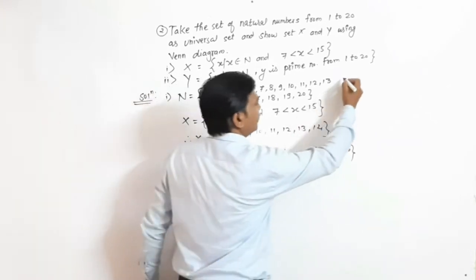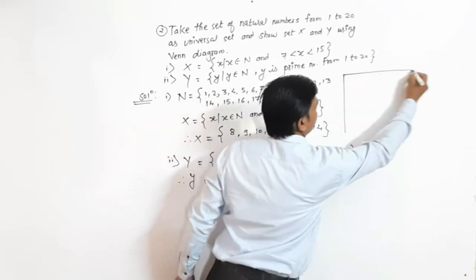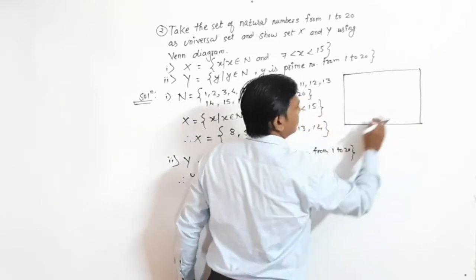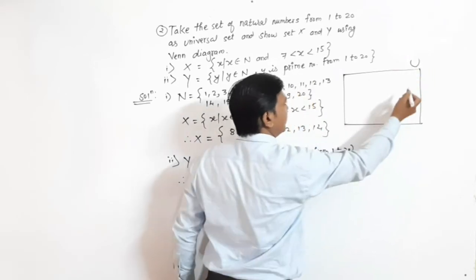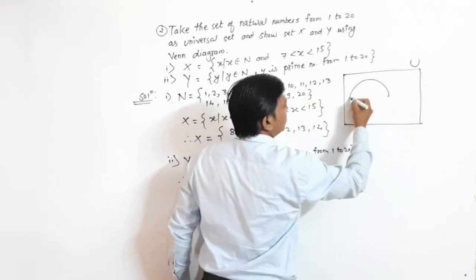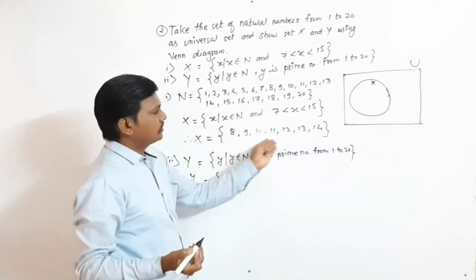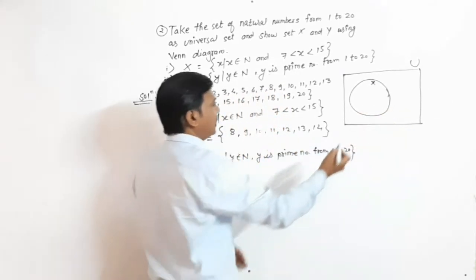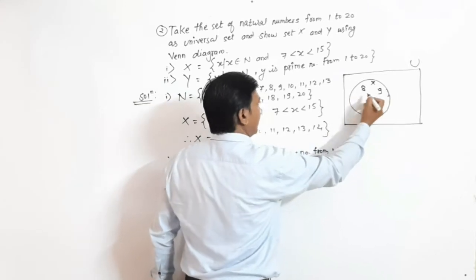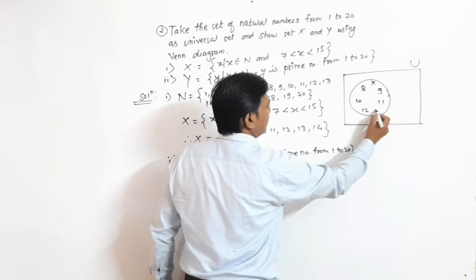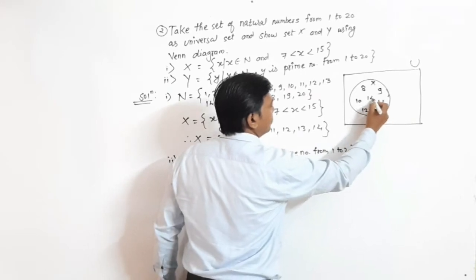We represent the universal set in a rectangular box. Suppose this is the universal set U and this is set X. In X we write 8, 9, 10, 11, 12, 13 and 14.